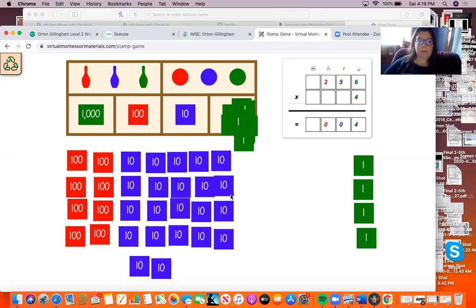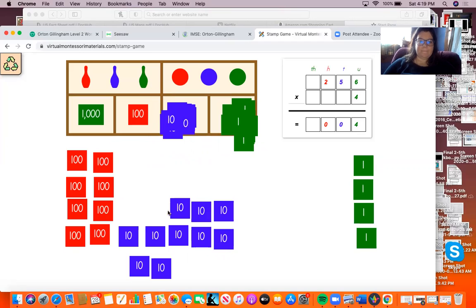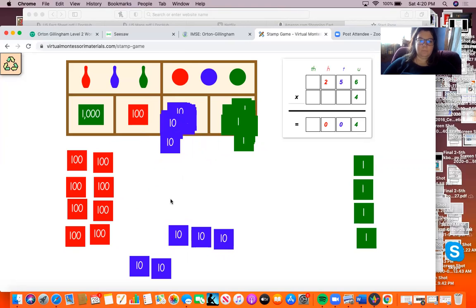So again, I'll have 2 there, and I'm going to regroup 20 10s for what? That's right, 200s. So there's my 20 10s. I'm going to get out 200.